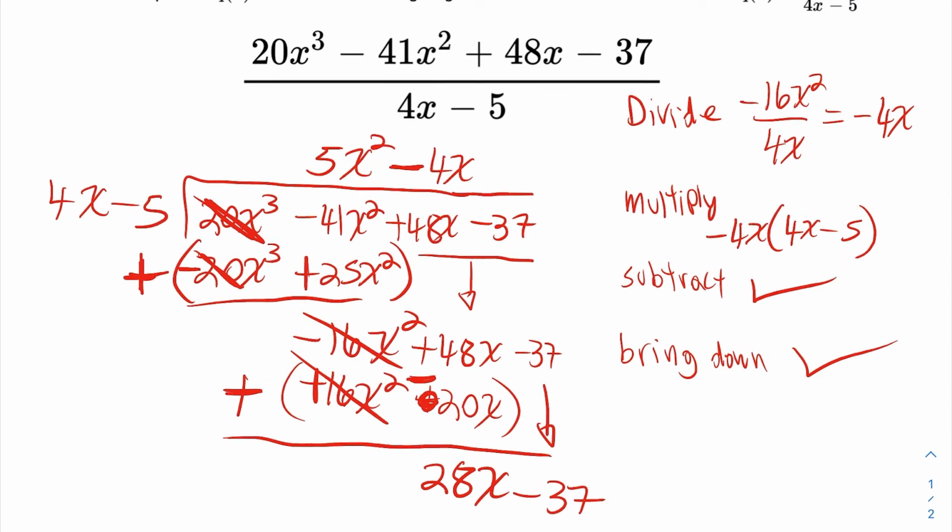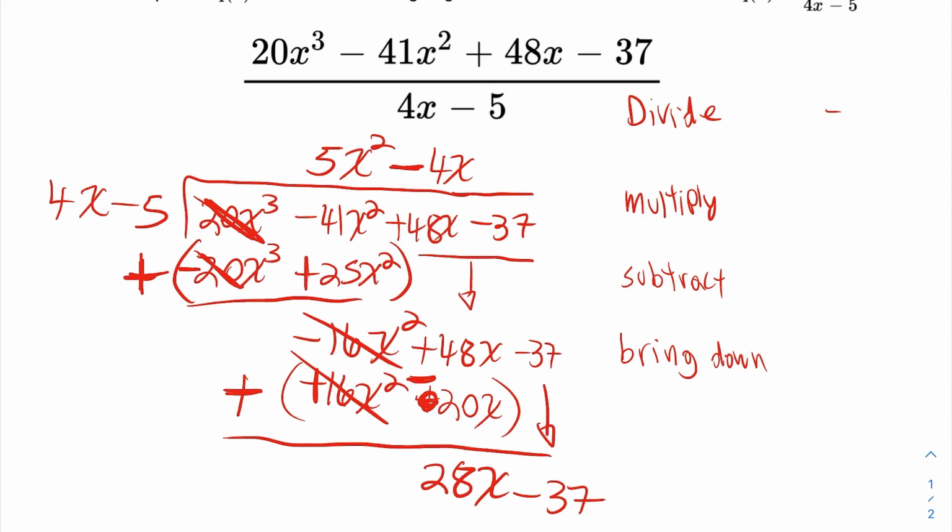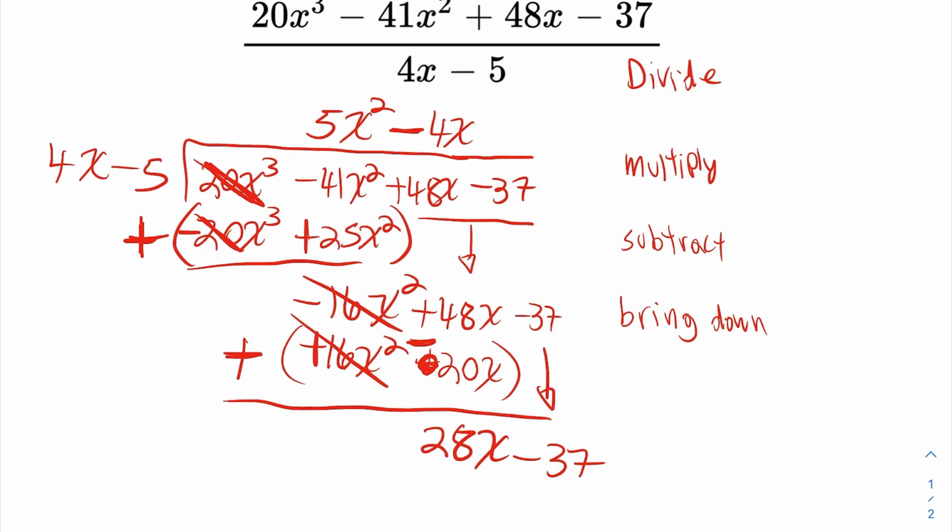So I'm going to divide, multiply, subtract, and bring down one last time. So to divide, I'm dividing the leading terms, 28x and 4x. So 28x divided by 4x is just equal to 7. So the last term is plus 7. That's the last term in the quotient. So I found my quotient q of x.